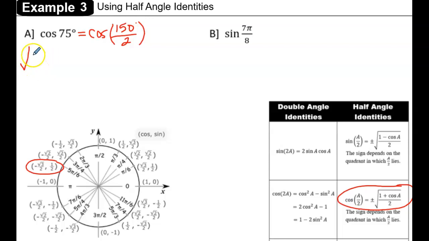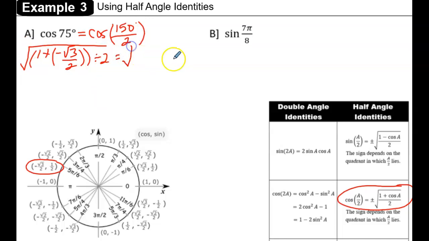So I'll have a square root of 1 plus the cosine of 150 degrees. That's asking for the x coordinate at that angle, and that's a negative square root of 3 over 2. And that's being divided by 2. That's all under the square root.